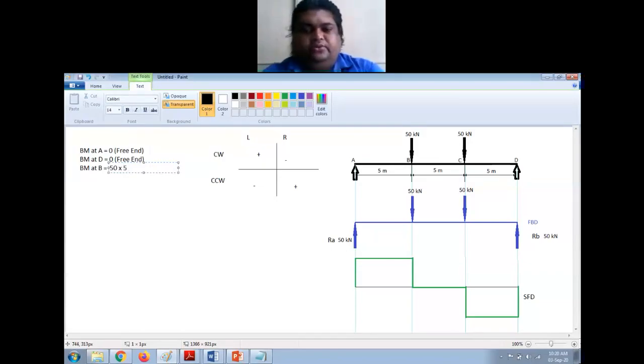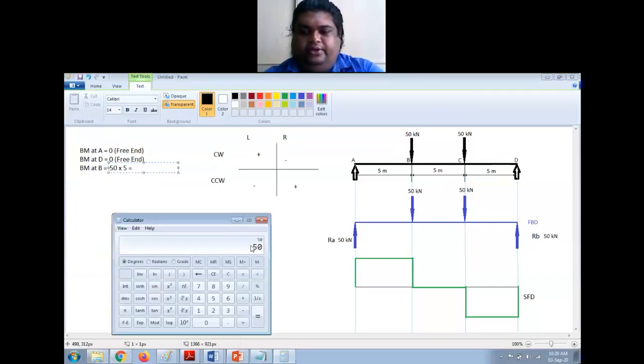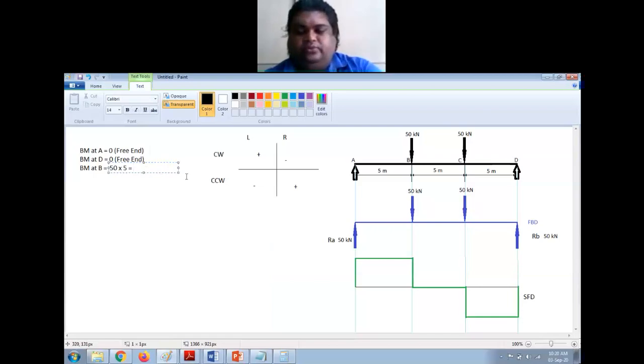So this will be equal to, let me open the calculator, 50 into 5 is 250, 250 kilonewton meter. You need to be careful with the units.